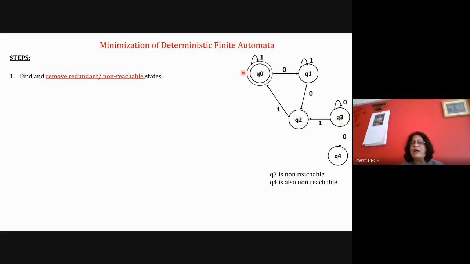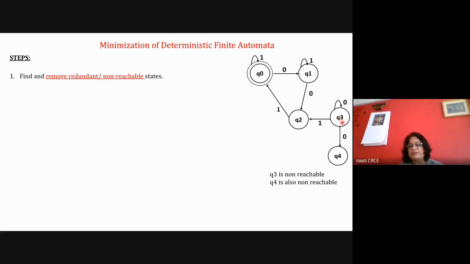You can try any combination of ones and zeros, and the machine will never go to Q3. In this diagram, if you see all the outgoing transitions, from Q0 it can reach Q0, Q1, then Q2, then again Q0, then Q1, Q2, but there is no way to go to Q3. So Q3 is non-reachable. There is no incoming transition to Q3.